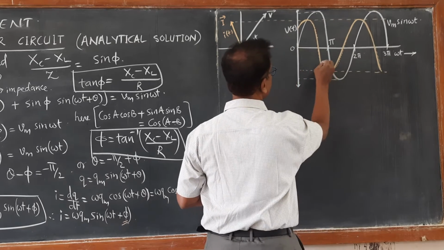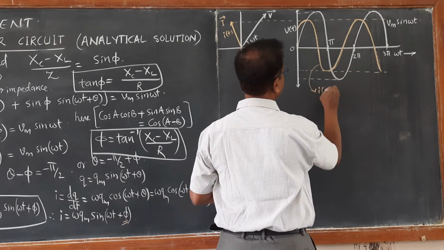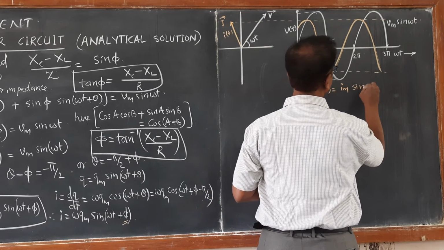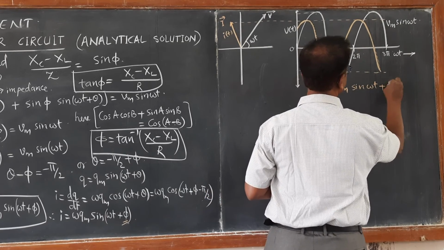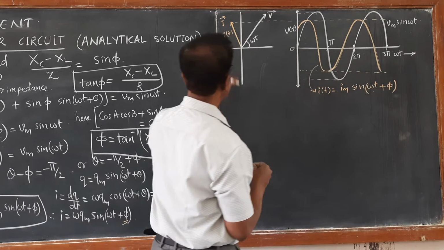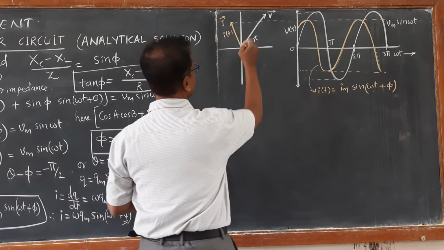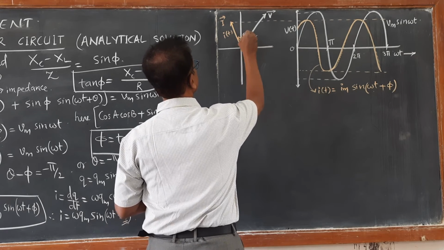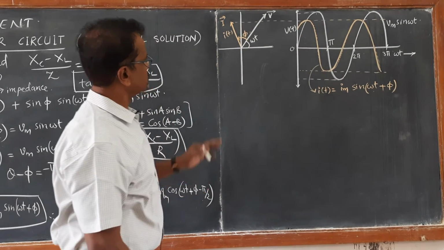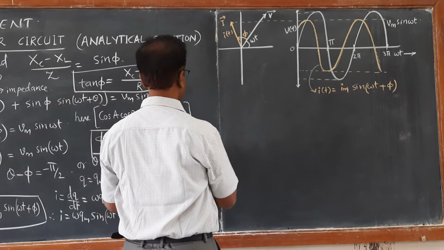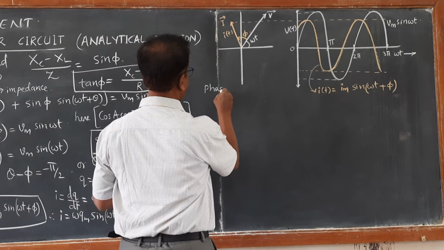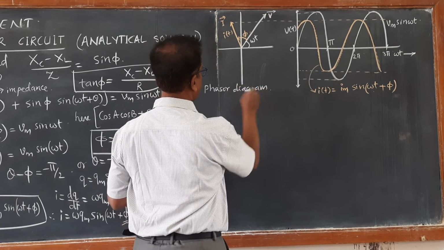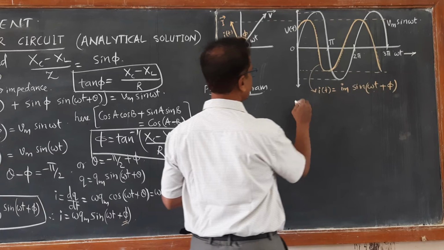This is current i(t) equal to Im sin(omega t plus phi), and these are the phasors, and the angle of the current is omega t plus phi. Yes, this is phi. So this is the phasor diagram, and these are the V-I graphs.